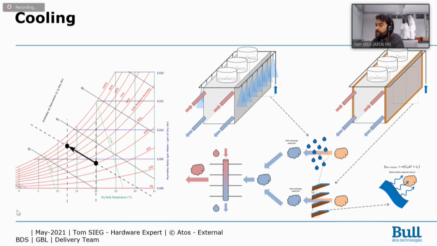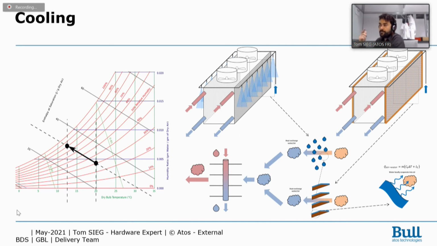It's a simple metal plate with the water going inside and going outside. The water goes into a really little section of metal pipe, and the goal of this little section is to optimize the contact area between the air and the water.